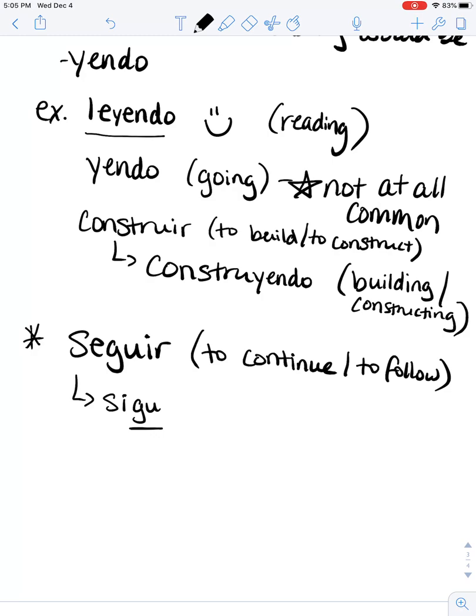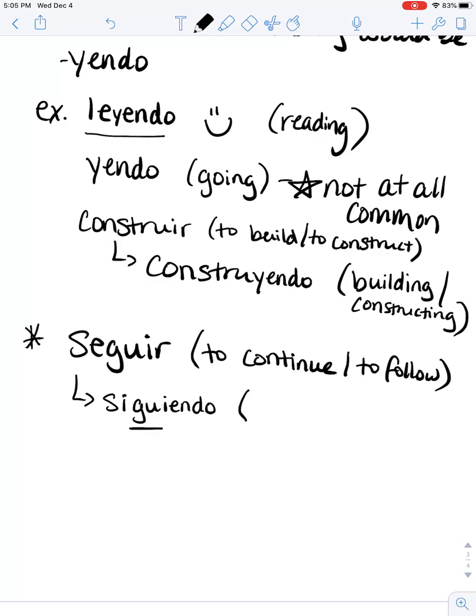So because it's silent, we're going to go off the G, which means that it's a consonant. So we add a regular IR ending, which would be iendo. So this pronunciation would be siguiendo, even though remember the U is silent.